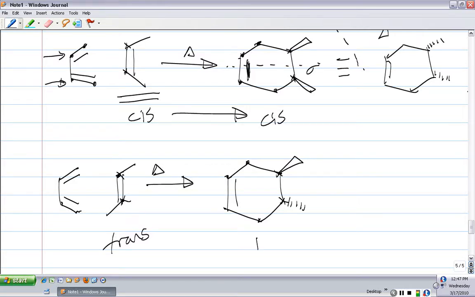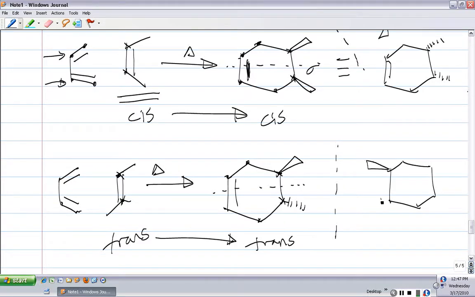Now, this shows stereospecificity. Trans and only trans gives rise to trans and only trans. The only issue is there are actually two different transes, because this molecule has no mirror plane. Therefore, this molecule is chiral. And that means the mirror image of this species, which happens to be this one, and it are not going to be superposable. So I'm going to make two transes. One will be plus rotatory, one will be minus rotatory.